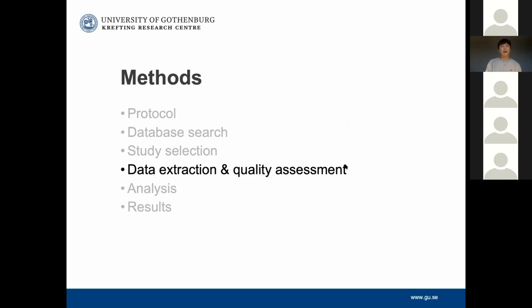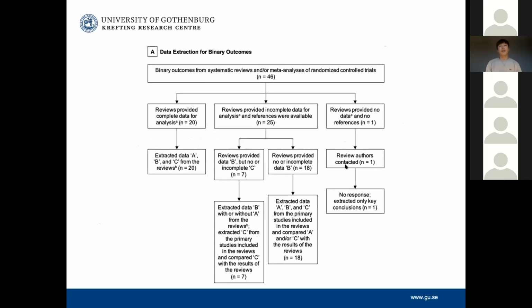And then we did the data extraction and quality assessment. For these, two investigators also worked separately and compared with each other to ensure the consistency and accuracy of the data we would use.